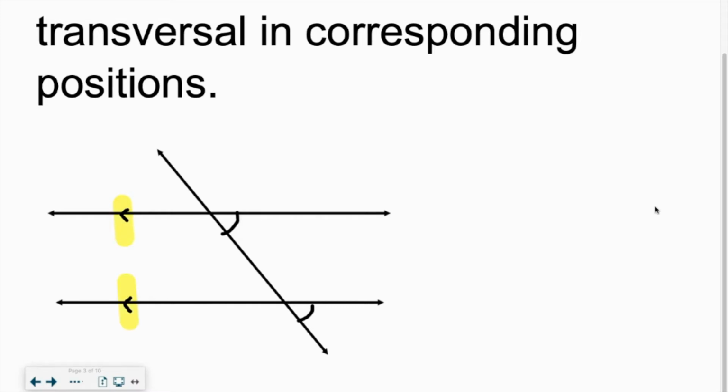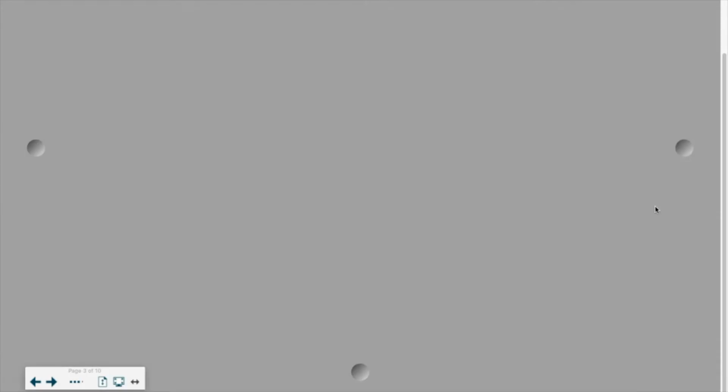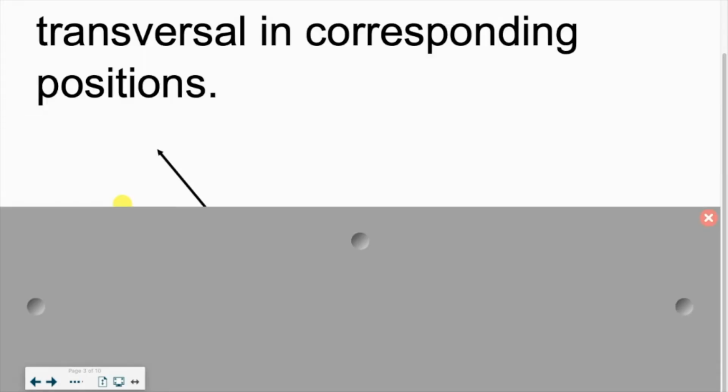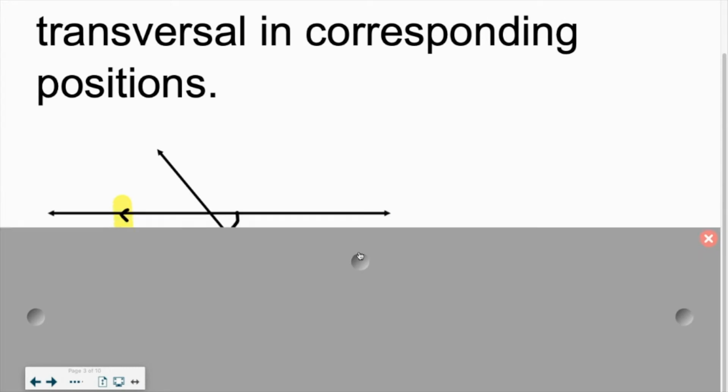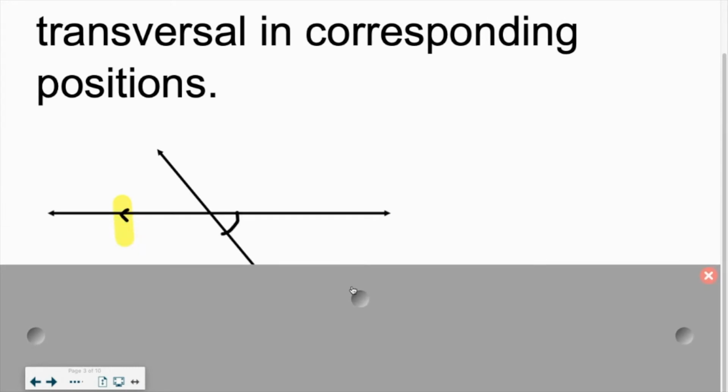Now, when we talk about corresponding, let me take a look at this. I'll show it to you one at a time. When you're looking at that top line, you'll notice that there are 4 angles. We got this one here, this guy here, this one, and then this guy here.